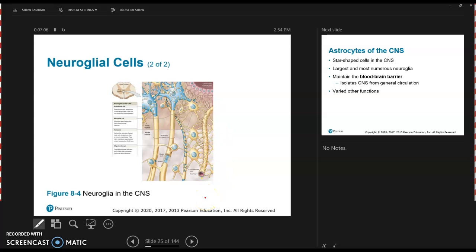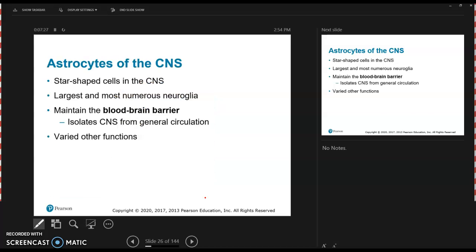That myelin causes the action potential, or the nerve impulse, to travel much faster down those axons than without the myelin. So in the central nervous system, oligodendrocytes form myelin around the axons.